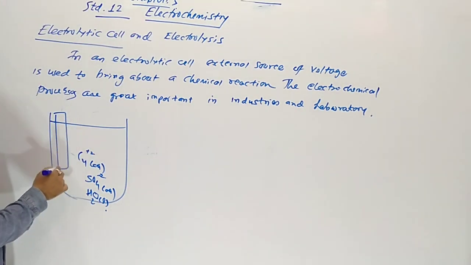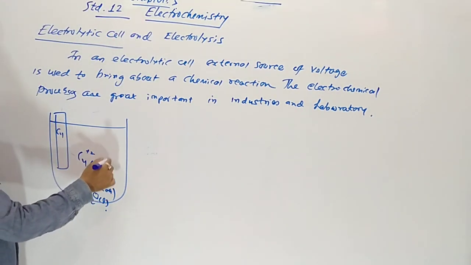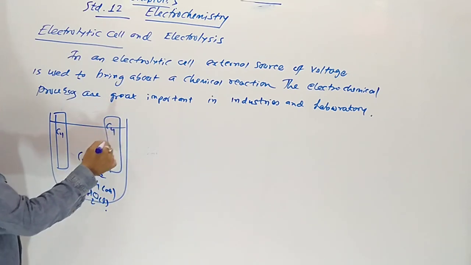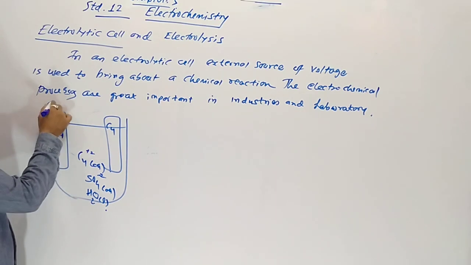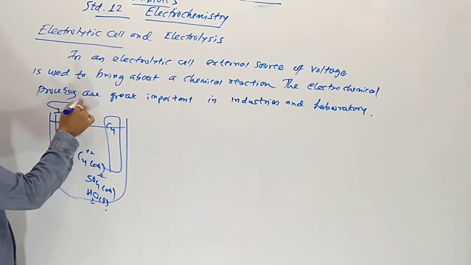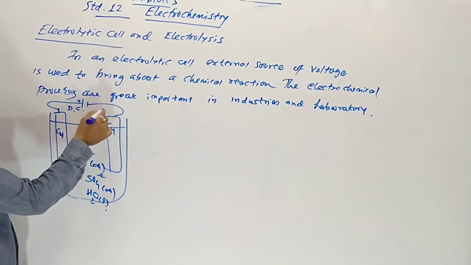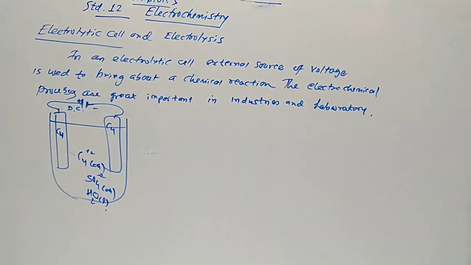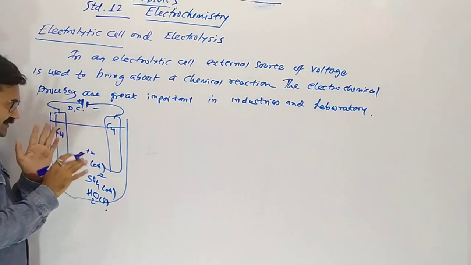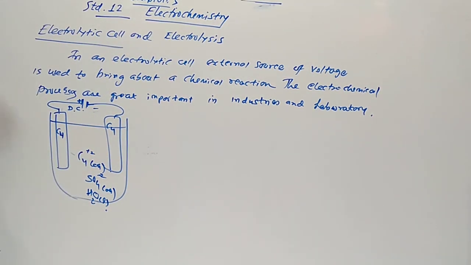Two strips, two rods of copper are dipped into the solution, and we are applying direct current, DC, meaning positive remains positive, negative remains negative. In our household, current is AC. This one is direct DC current when we apply.